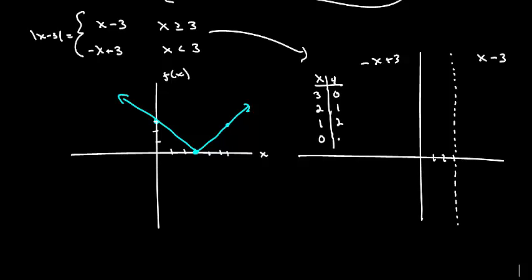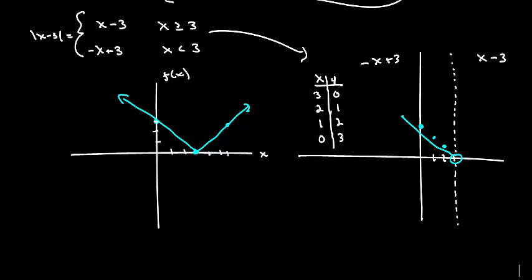When x is 0, we get 3, and so on. So start plotting these points. We're going to have 3, 0 as an open circle, because we're not including it right here. And then we've got positive 2 up 1, positive 1 up 2, then up 3.